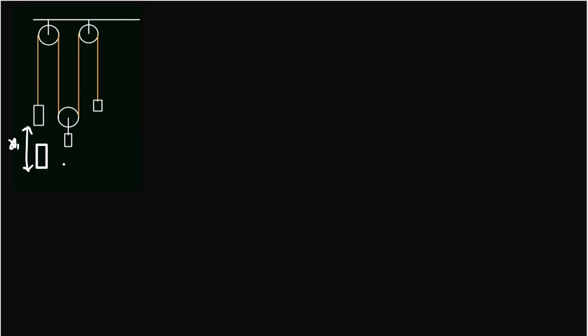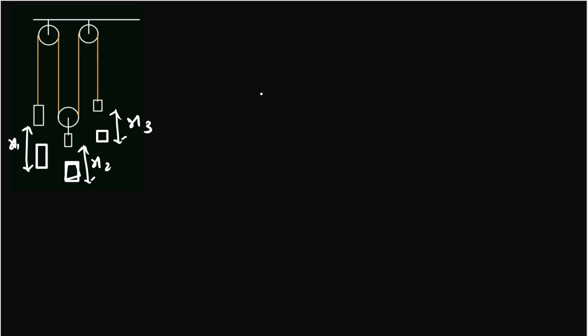This block also goes down, and the distance by which it moved down is x2. This block also goes down, and the distance by which it moved down is x3.